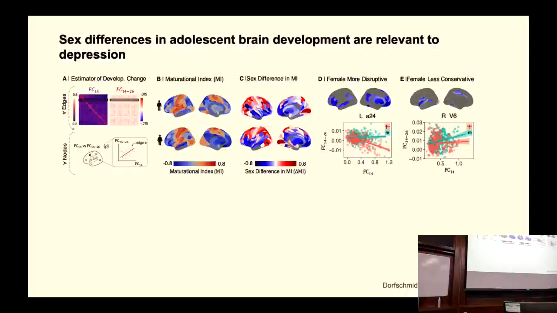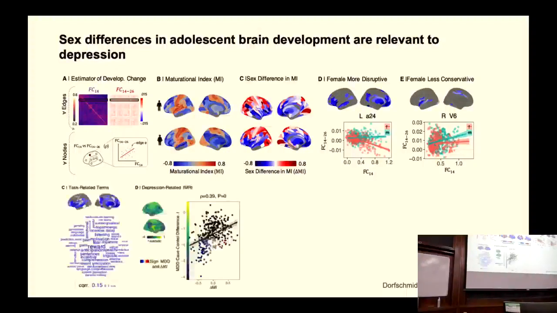In other words, these are all regions which have relatively low connectivity at baseline and become more strongly connected over the course of adolescence. So you might think of them as new functional connections coming online in this cortico-subcortical system, particularly in females during adolescence.